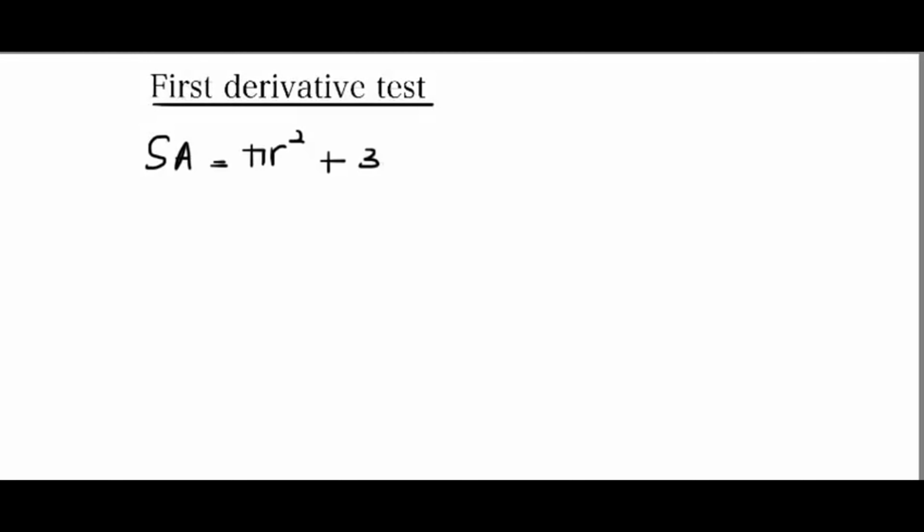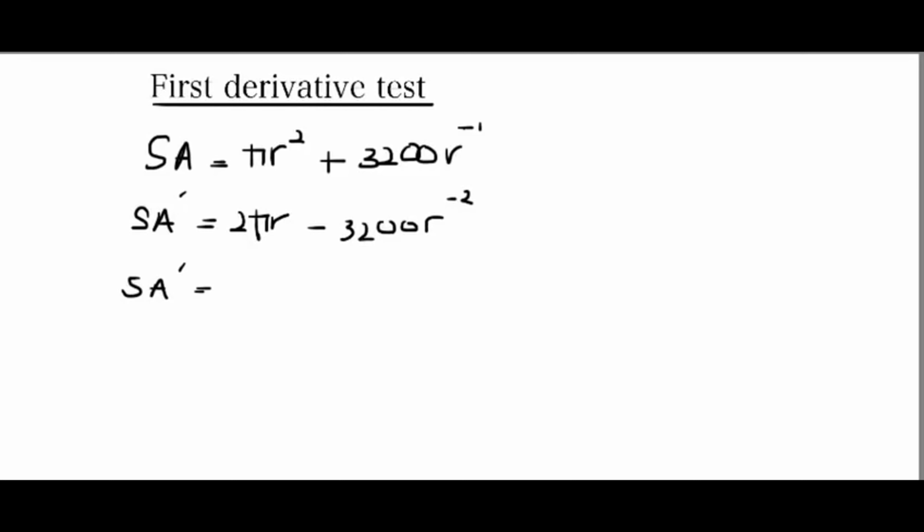Next, use the first derivative test to find the value of the quantity. This is the step to find the first derivative. The final answer will be 2 pi r minus 3200 over r squared equal to 0.